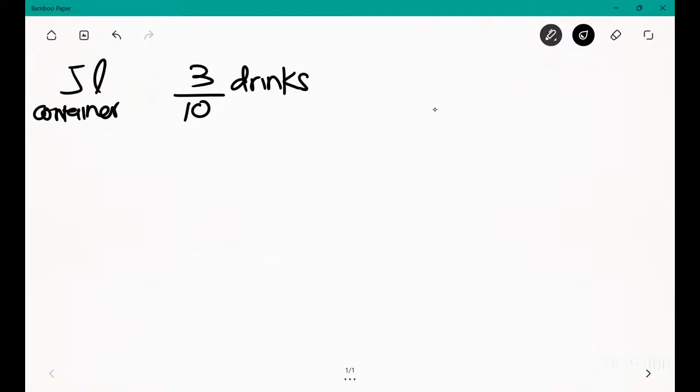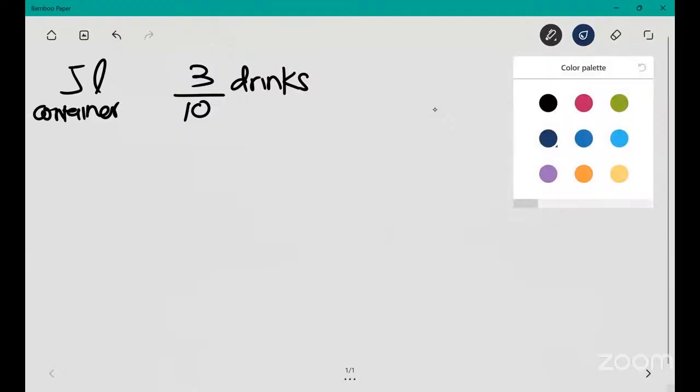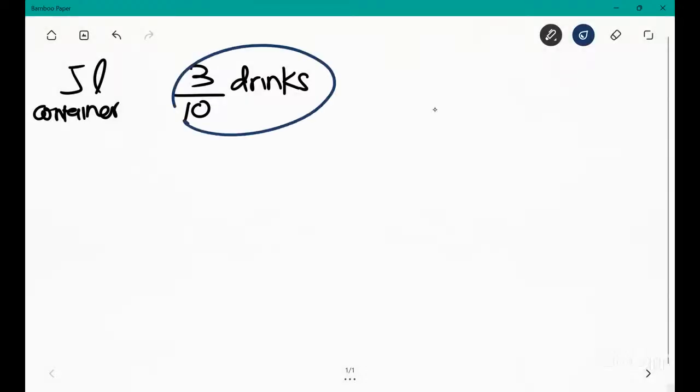They always ask you the remaining amount. You usually have to read it and understand, but this often comes. So they're asking us the remaining amount after serving drinks. Here we use 3/10 to serve drinks, and they're asking for the remaining after you serve.